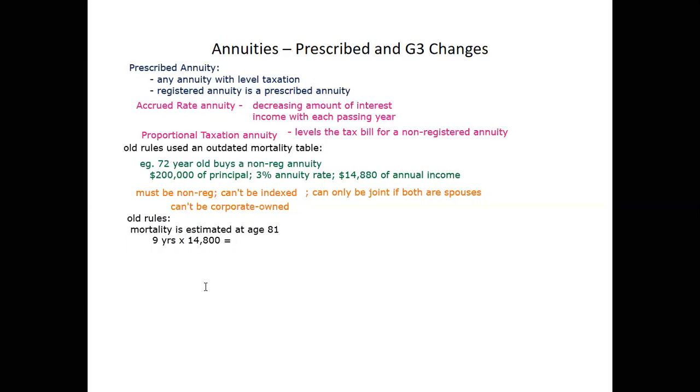Well, that's not enough. I think I screwed something up there. Just give me 1 second here. My rate might have been too low. No, that'd be about right. My age is too low. Just bear with me for 1 second.